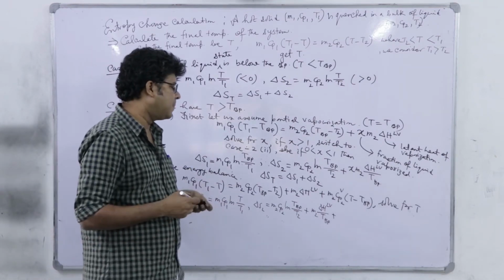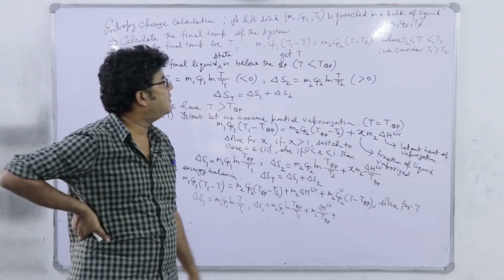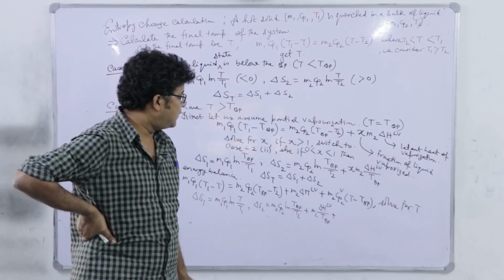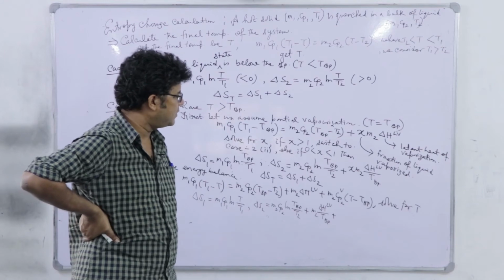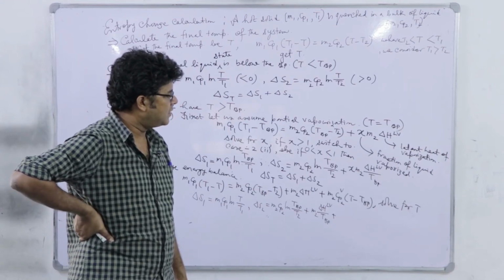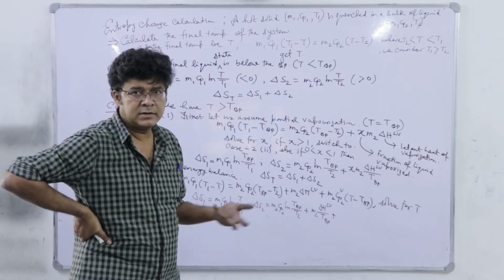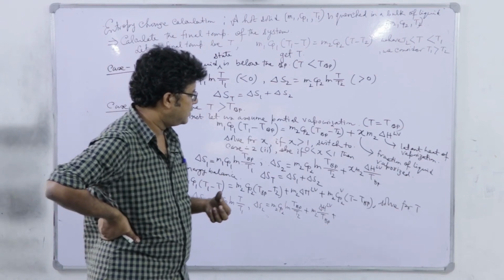Now you see that if it is water, it's vaporizing into steam, right? So for steam, we know this final temperature, right? So the final temperature, it is a superheated steam. So definitely the pressure is to be calculated, right?